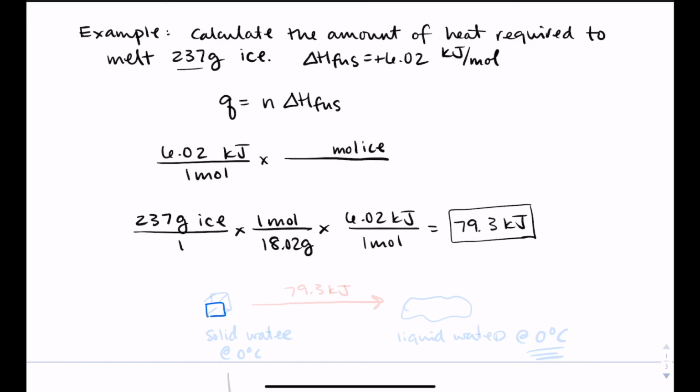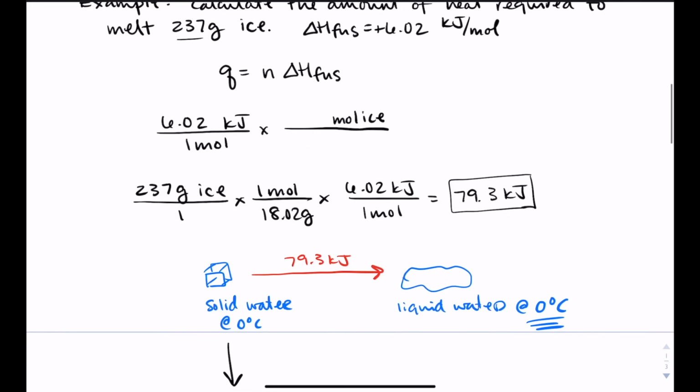So taking solid water at 0 degrees Celsius and turning it into liquid water, I have to put in 79.3 kilojoules. And what this gives me is liquid water at 0 degrees. So what that means is that if I am going through a phase change and changing a temperature, I have to do it in steps.